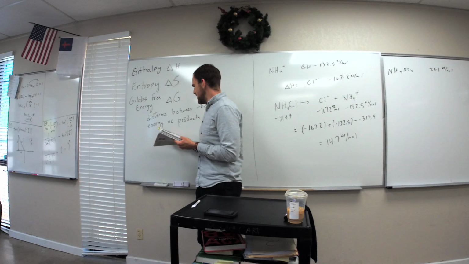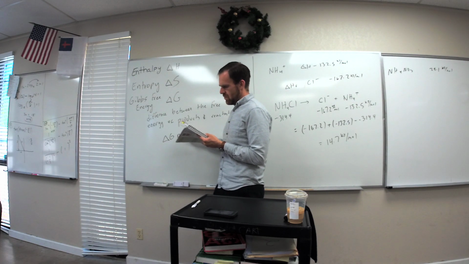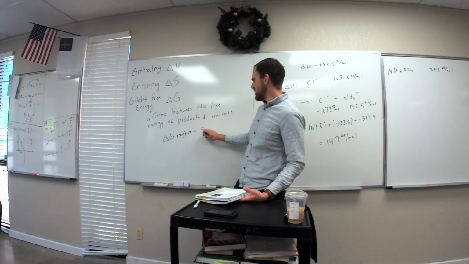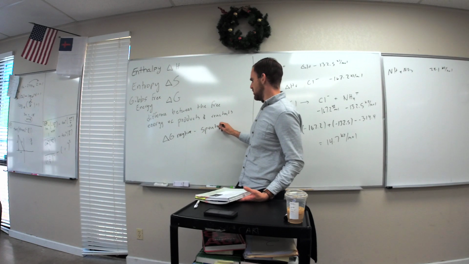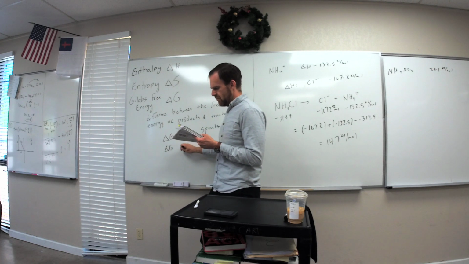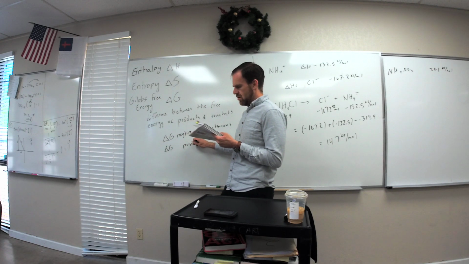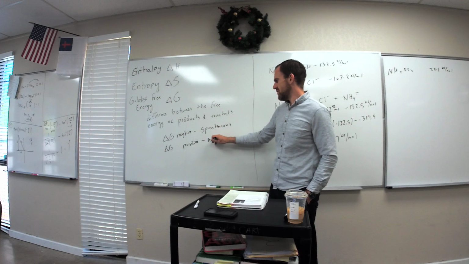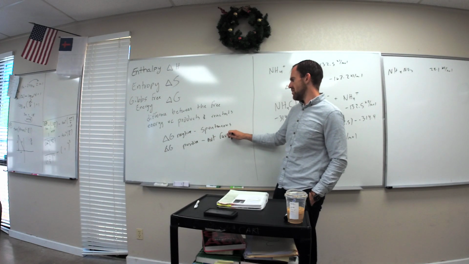So a delta G that is negative means that the reaction will happen spontaneously. And a delta G that is positive means that your reaction is probably not favorable or not going to happen.